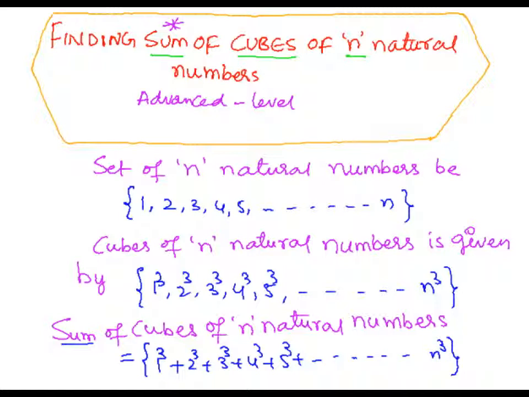Then in order to find the sum of cubes of n natural numbers, let us consider an identity.